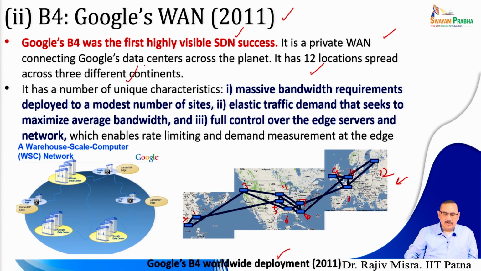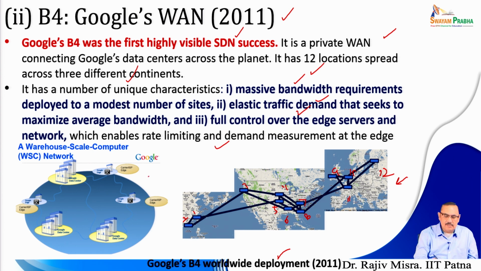So, across 3 different continents, it has a number of characteristics such as massive bandwidth requirements deployed to a modest number of sites, elastic traffic demand that seeks to maximize the average bandwidth, and full control over the edge servers and the network, which enables rate limiting and demand measurement at the edge.